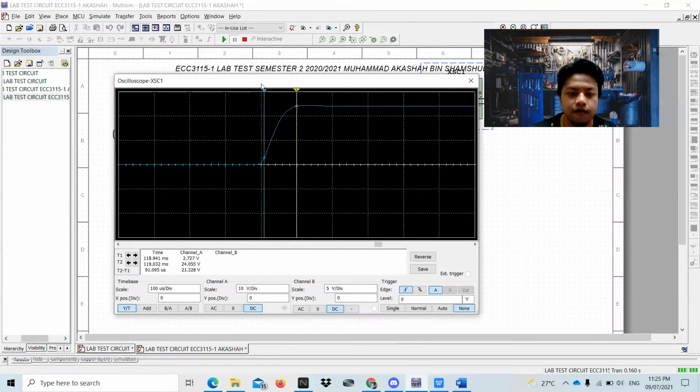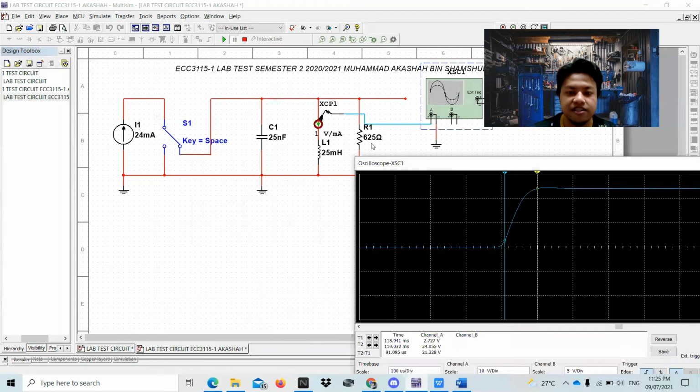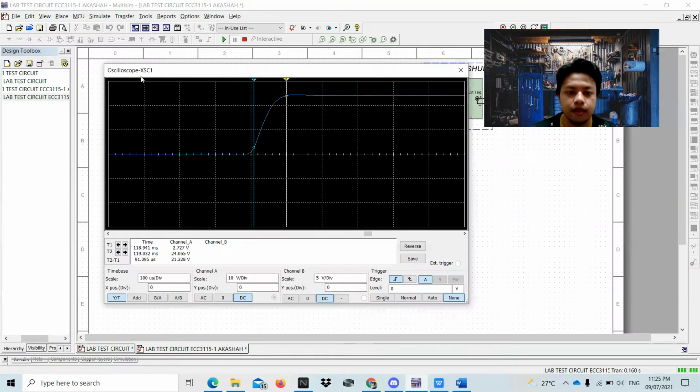So that means in this simulation, 625 ohms is actually underdamped. I'm going to show you. Right.